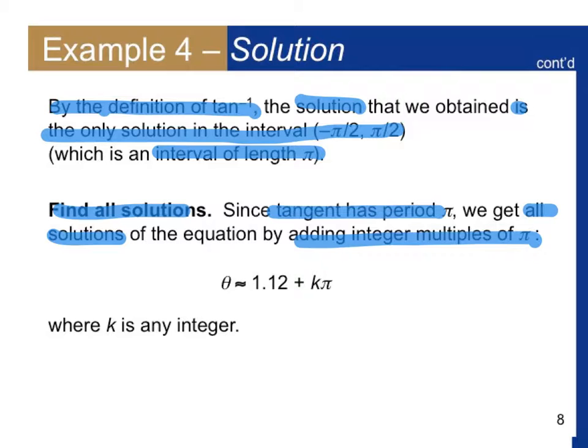So we can say k is an integer. And then theta is approximately equal to 1.12 radians plus k pi. So any multiple of pi, positive or negative, will give us all the angles. In this case, we don't want to just give the one solution. We want to give all possible solutions. And because we have a period of pi for tangent, we're going to add multiples of pi, that k pi there.